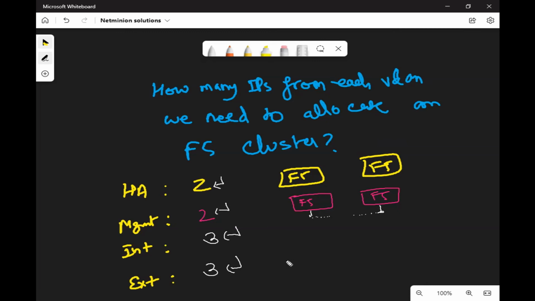Very important. HA, you got 2 IPs between the two F5 boxes, and floating is not required. So one IP on each.